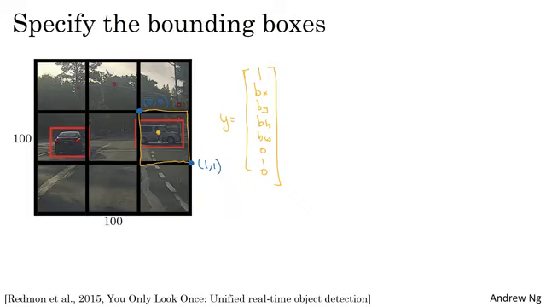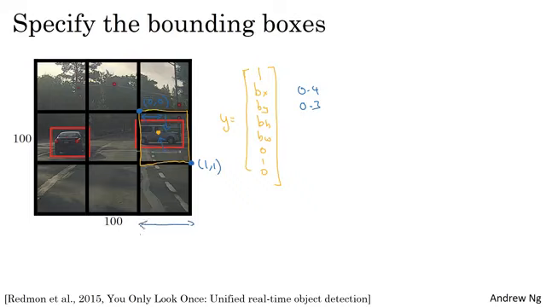To specify the position of that midpoint, that orange dot, bx might be about 0.4, since it's about 0.4 of the way to the right, and then by looks like maybe 0.3. The height and width of the bounding box are specified as fractions of the grid cell.